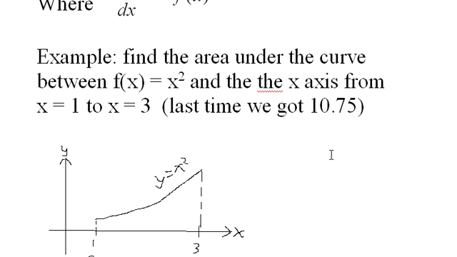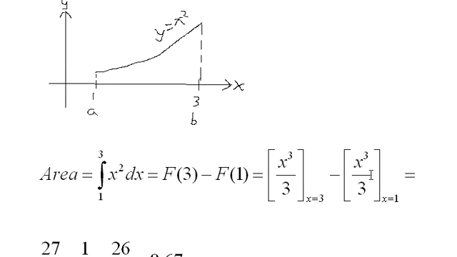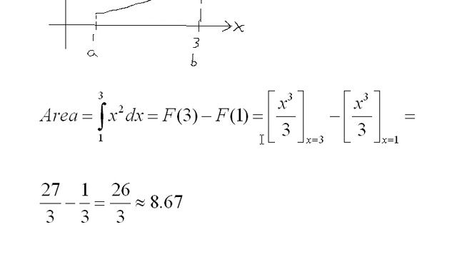And the last time, remember, we got 10.75. But this time we're going to use the definite integral. The area equals the definite integral from 1 to 3, which is big F of 3 minus big F of 1, where big F is the antiderivative of x squared. Now we know the antiderivative of x squared is x cubed over 3. So we're going to evaluate it at 3, and then we're going to subtract the same thing evaluated at 1.